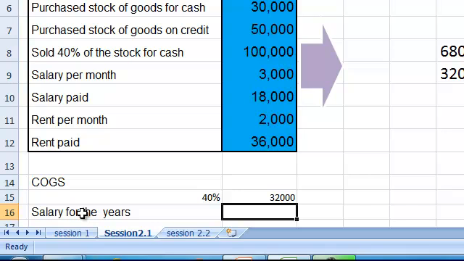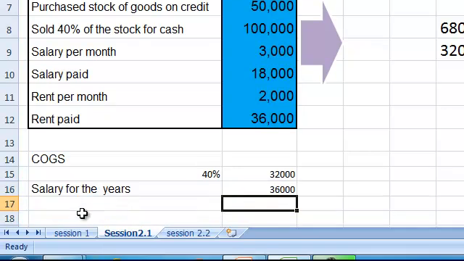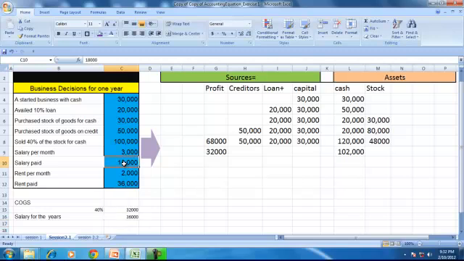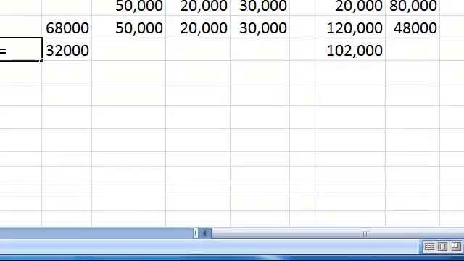The salary for the year is 3,000 into 12. Whereas you paid only 18,000, so there is an outstanding salary, which is a liability. The outstanding salary is 36,000 minus 18,000.